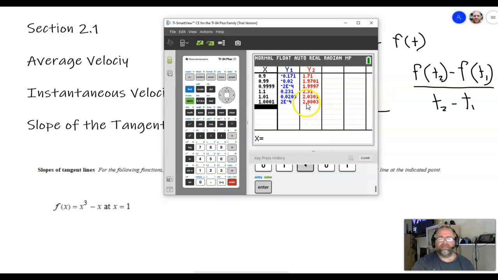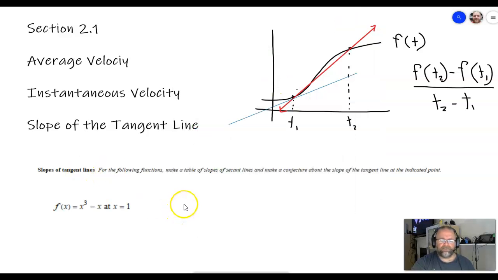And as you can see, my slope there is getting closer and closer to 2. So for this one here, I can say with a pretty moderate degree of confidence that the slope of the tangent line at this point here is equal to 2.